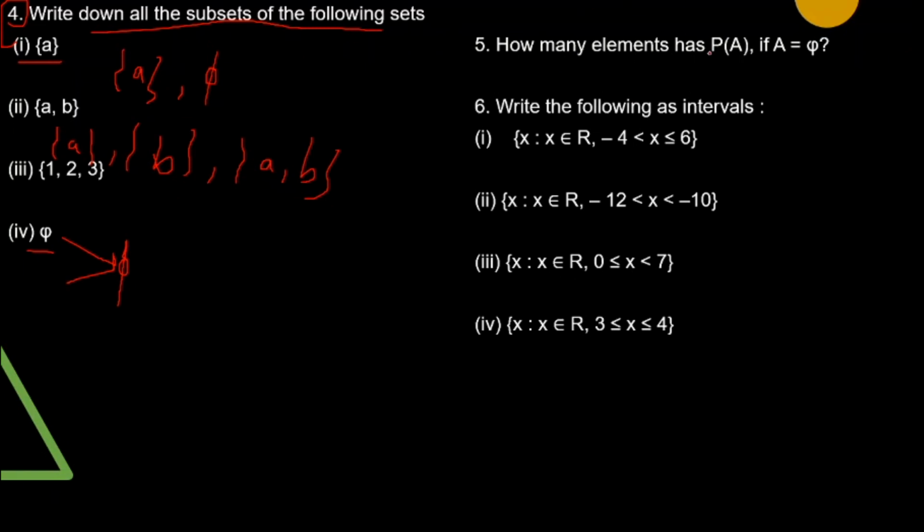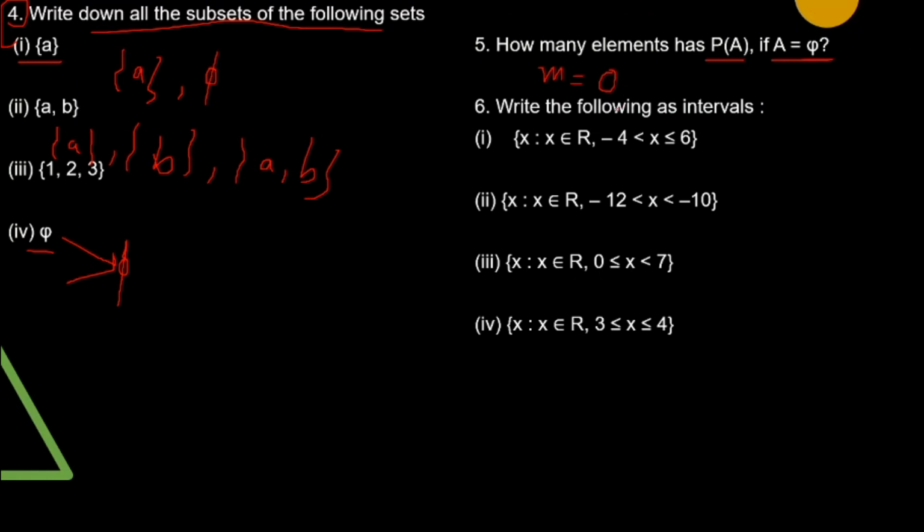Okay, in this case, how many elements does the power set of A have if A equal to the empty set? What is the definition of the empty set? When there are no elements, right? When a set does not have any elements, you call it an empty set. So no elements means the number of elements is 0. So we can say m equal to 0. First write the given, P of A and A equal to the empty set.